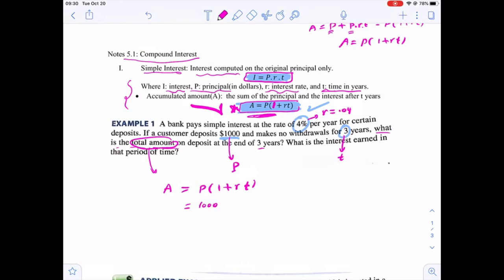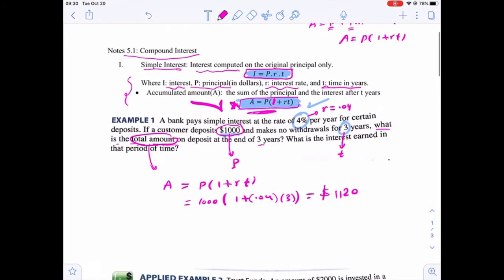Principal is 1,000, 1 plus R is 0.04, times T is 3, and using a calculator we get $1,120. So after 3 years, your accumulated money is 1,120. And remember that the original amount that you deposited at first was 1,000.